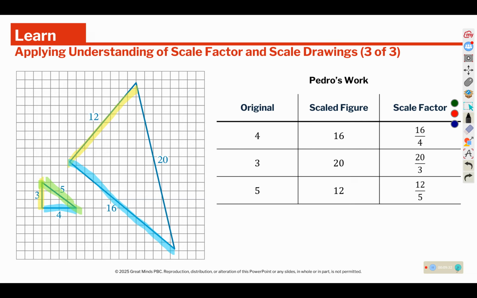If he did, 16 divided by 4 would be 4, 20 divided by 5 is 4, and 12 divided by 3 is also 4. So these are scaled versions of each other, but you have to be careful to pay close attention to matching up the correct sides with the corresponding sides.